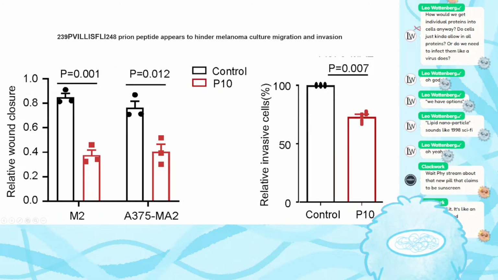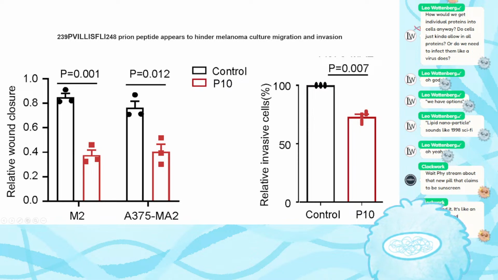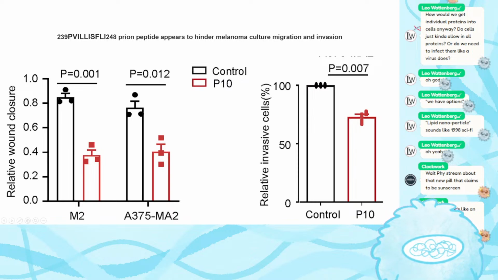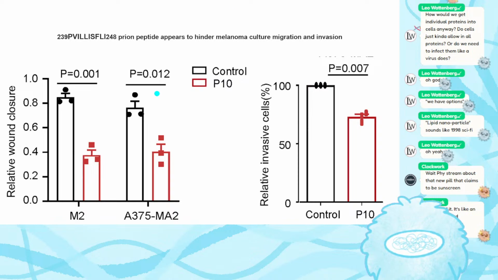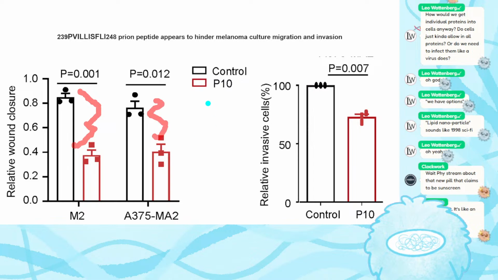So let's go back and look at wound closure and relative invasion to see how metastasizing these cultures are, after you've added peptide. And so when you add the P10 peptide, this peptide that we previously identified, you can see that there's a pretty big drop in wound closure, right?